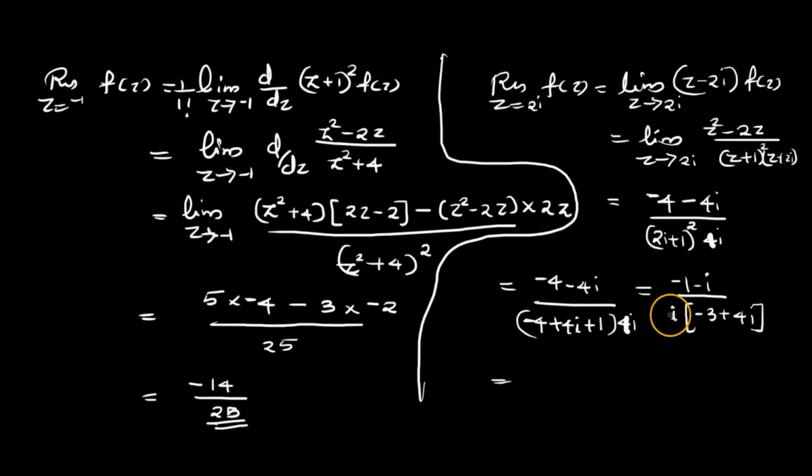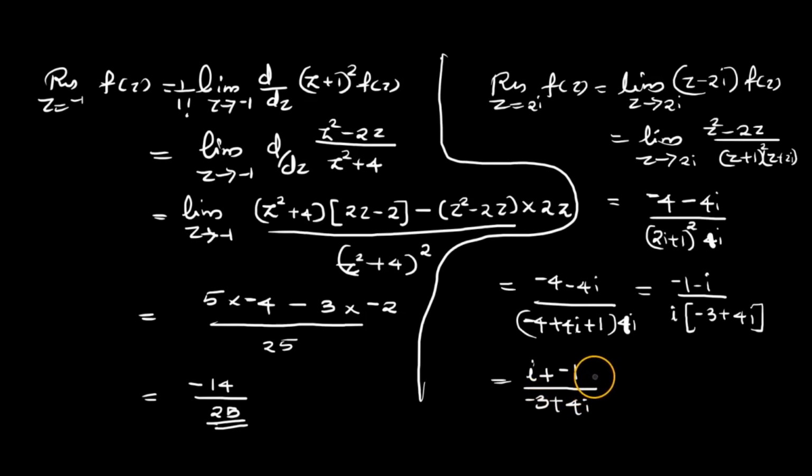Also 1 by i is minus i. So minus 1 into minus i is i, and minus i into minus i is i square, which is minus 1. Minus 3 plus 4i in the denominator.